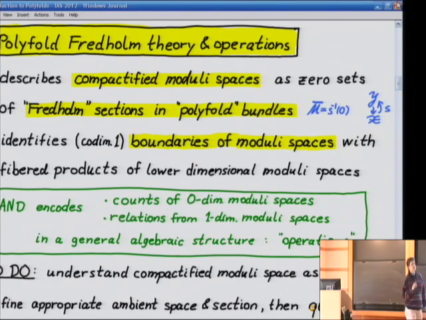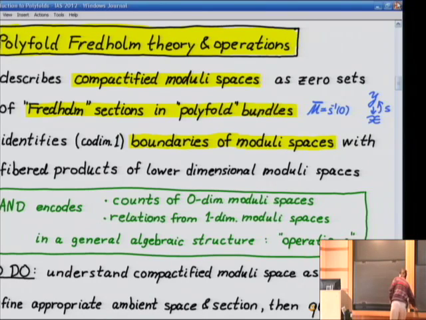The polyfold description of X? Sorry, we'll get there. In order to cut out this moduli space, you could build different X's around it.